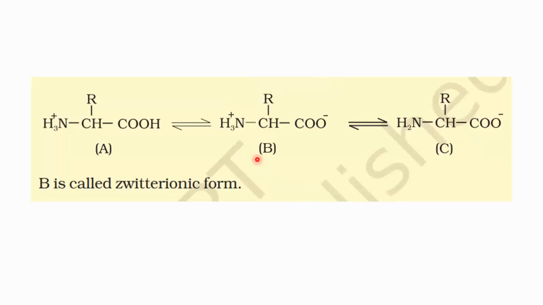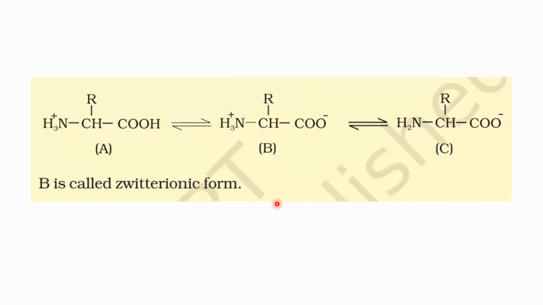This form of amino acid, in which both the groups are ionized and the net charge is 0, is known as the Zwitterion form of the amino acid. The pH at which the amino acid occurs in the Zwitterion form is known as the isoelectric point, that is, the pI of the amino acid.